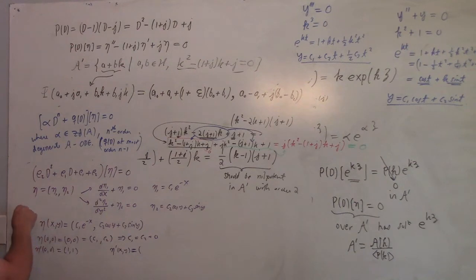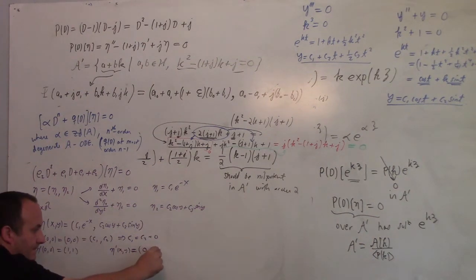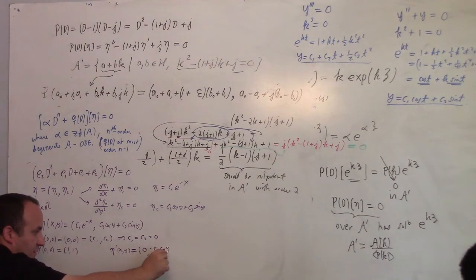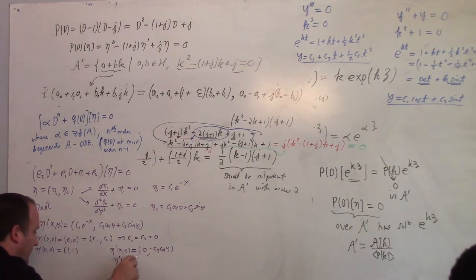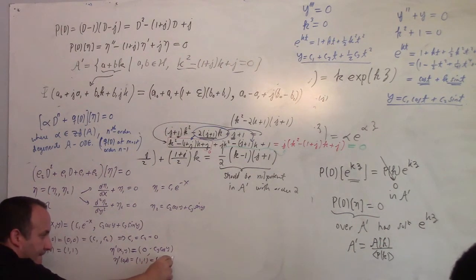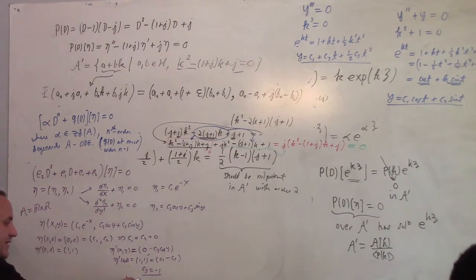So that'd be minus C1, but remember, C1 is 0, so it's still 0. And then C3 would be minus cosine. No, just cosine, not minus. Yeah, excuse me, you're right, C3 cosine y. Now, if eta prime is 0, 0, it's 1, 1 though, right? Yeah. So apparently we get C3 equals minus 1, and 1 equal to 0, hey!